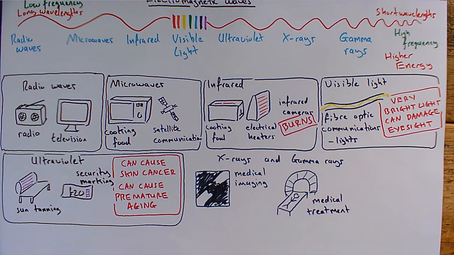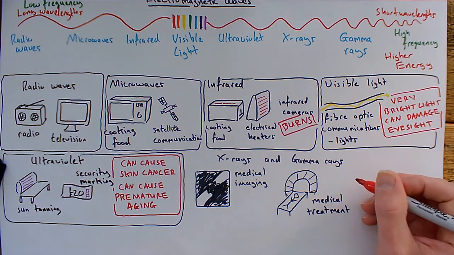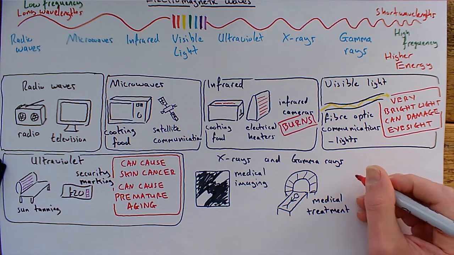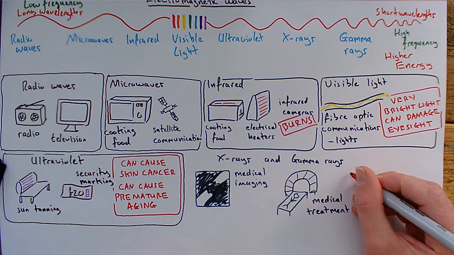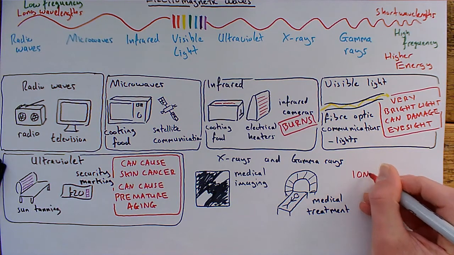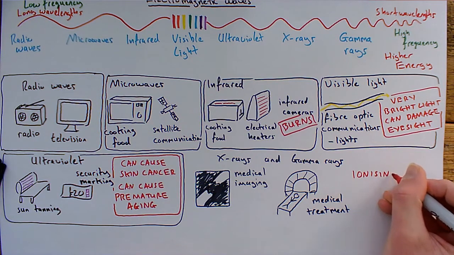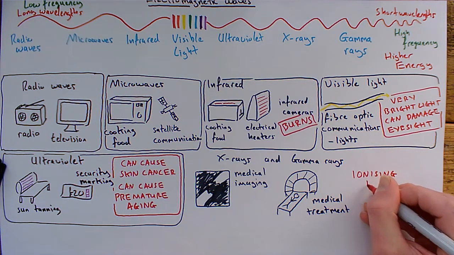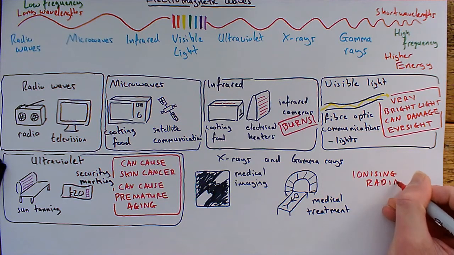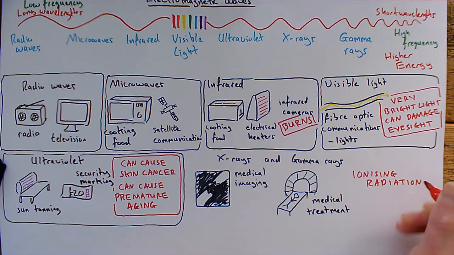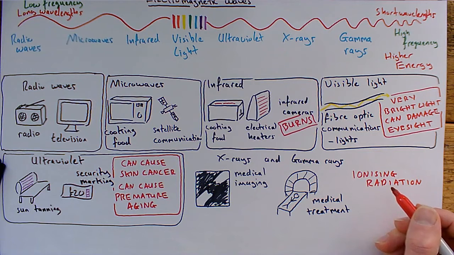Unfortunately, they can also damage our cells, and they, in and of themselves, can cause cancer. They are what we would call an ionizing radiation. Now, ionizing, if you make something an ion, you mean it's either gaining or losing electrons.